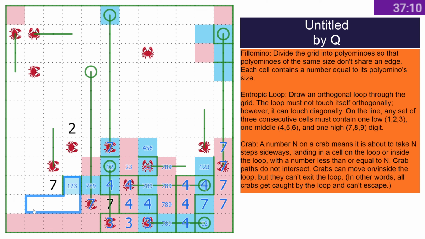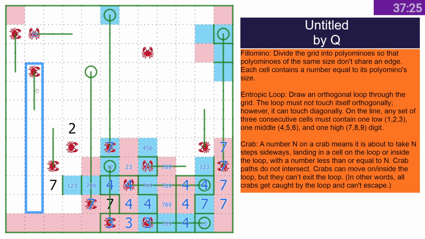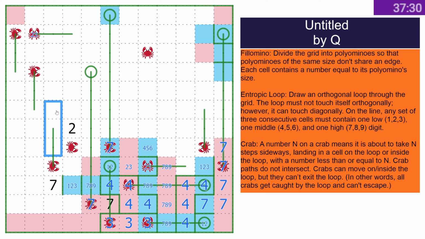Actually, that seems okay. I think that would work. This guy is now getting pretty trapped. He's either moving 2 or 3. Oh, this guy was always moving down, wasn't he? Do I want to put in that this can move 1, 2, 3? Yeah, because that does at least stop him being a 7.